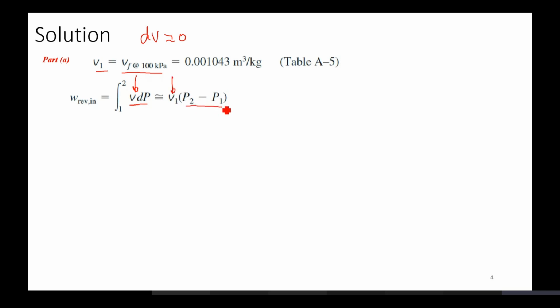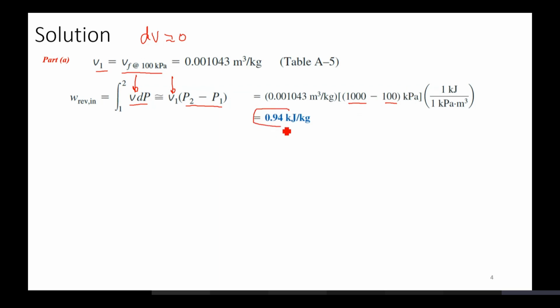We'll have to multiply it by the change in pressure. The change in pressure is from 100 kilopascal to 1000 kilopascal, which is 1 megapascal, the pressure for state 2. You just have to apply the formula and you get the reversible work in for the case of pump, where you have fluid as the saturated liquid.